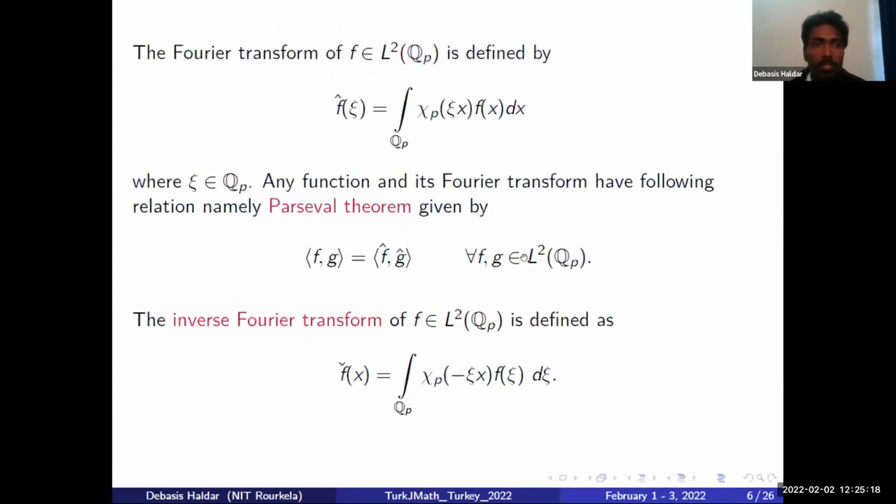The Fourier transform of f is defined as the integration of chi_p(x) f(x) dx, and the inverse Fourier transform of f is defined as the integration of chi_p(minus x) f. There is a wonderful relation between a function and its Fourier transform, the Parseval theorem: the inner product of f and g is the same as the inner product of the Fourier transform of f and the Fourier transform of g.